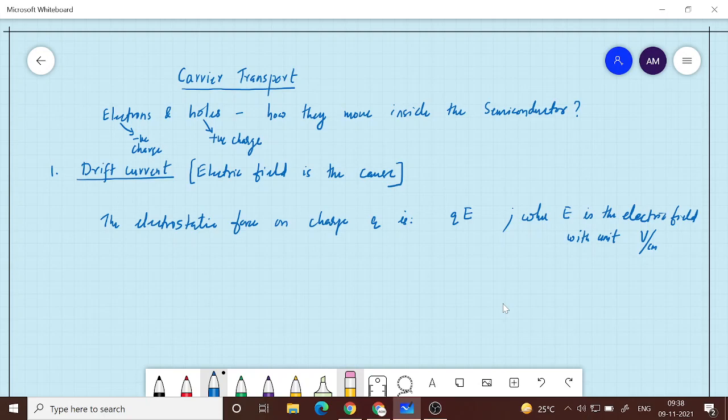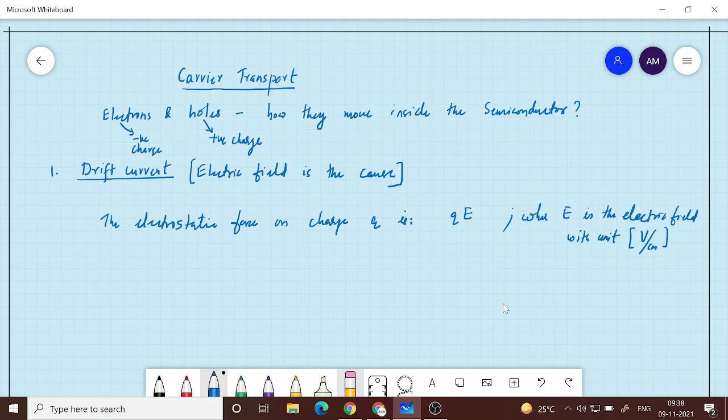Okay, the SI unit is volt per meter, but for semiconductor physics and electronic devices we will use volt per centimeter. That is more convenient. So this is the electrostatic force acting on the charge.